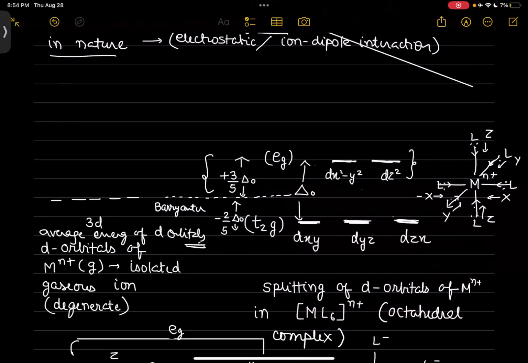The ligands. So CFSE actually classifies the ligands by their strength, and this point we have already included in valence bond theory to make it more useful. But actually this point is from the crystal field theory.